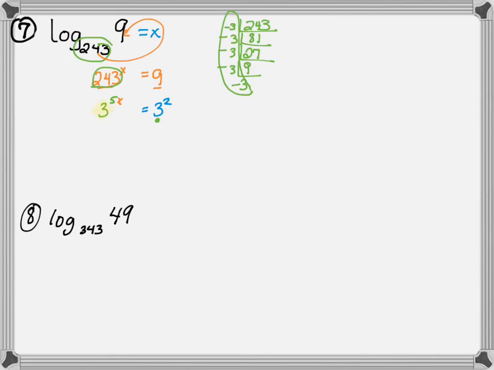So now our bases match, so that means that our exponents should be equal. And so when I set those exponents equal to each other, I have 5x is equal to 2. Divide both sides by 5, and I end up with 2/5. And so our answer is 2/5. I can check that by taking 243 to the 2/5 power, and you can double check it. I want you to do number 8 on your own.